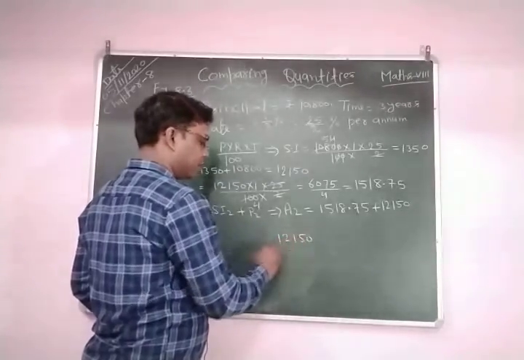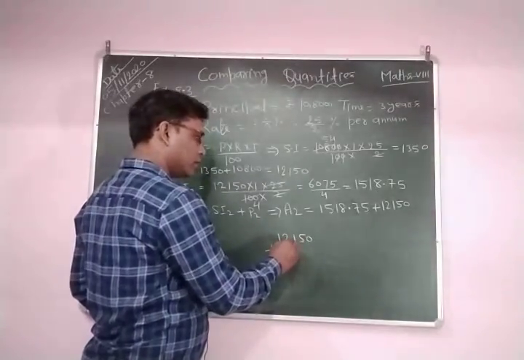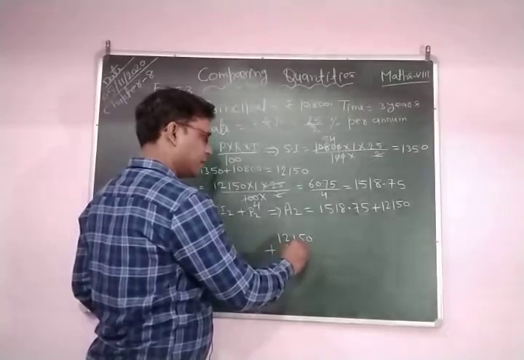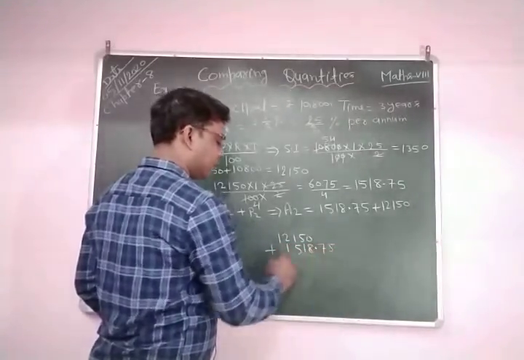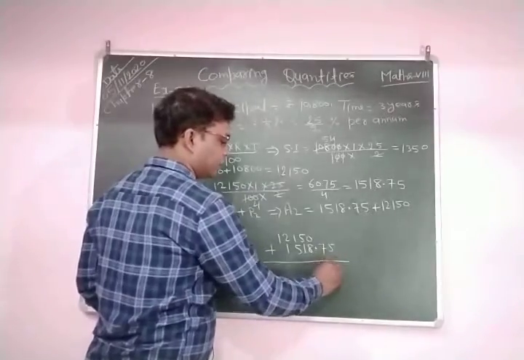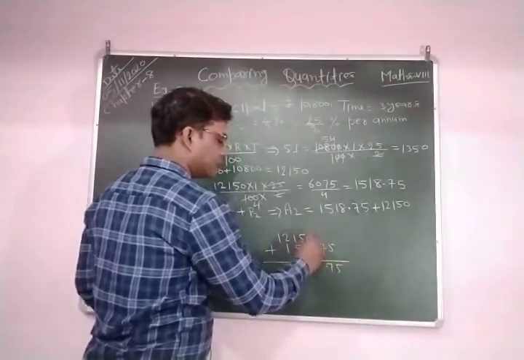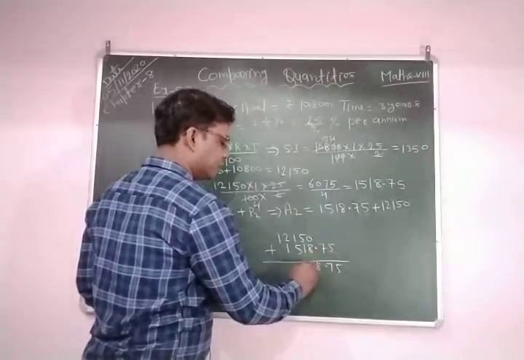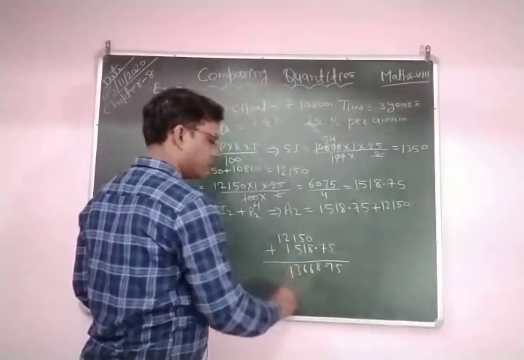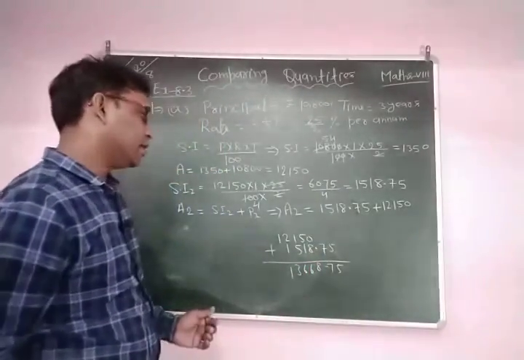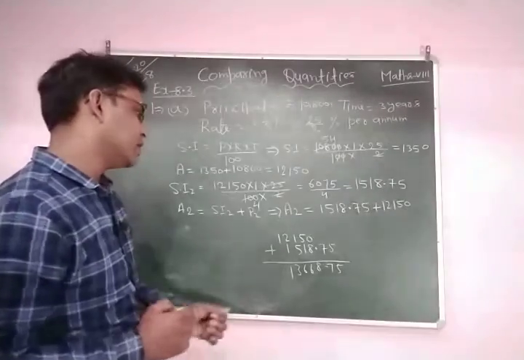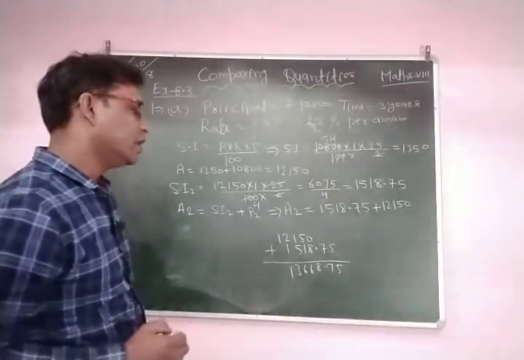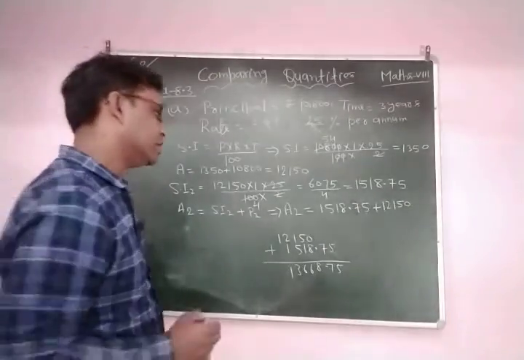If you add them, so let's see how to add them. 12,150 plus 1,518.75. So you can see we find amount for second year. What is the amount for second year? 13,668.75.